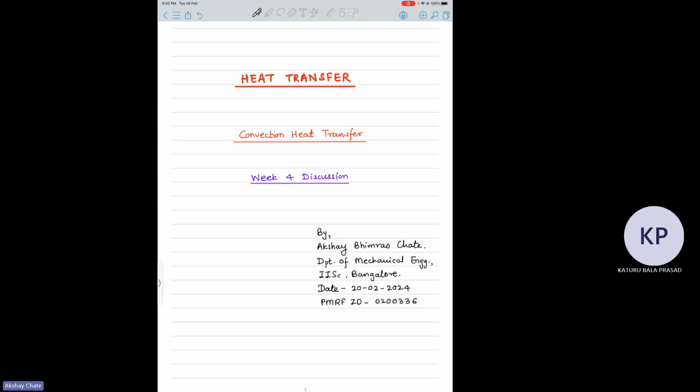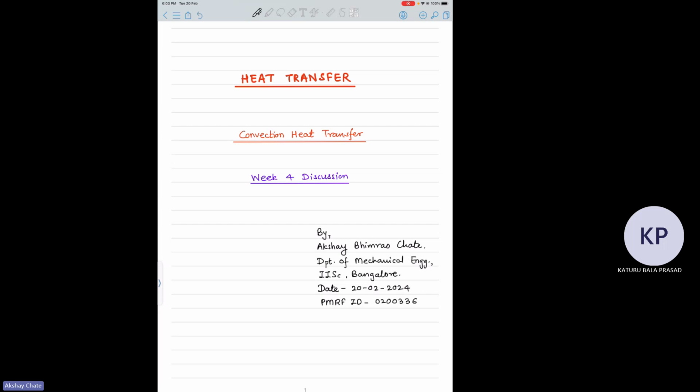So what all was covered this week? By this week I mean week 4. If you look at the lectures, first was an introduction to convection heat transfer, then a discussion about heat and mass transfer coefficients, then a brief introduction to the boundary layer.